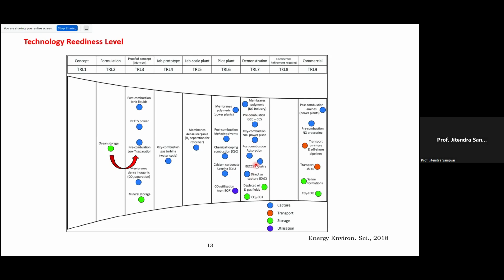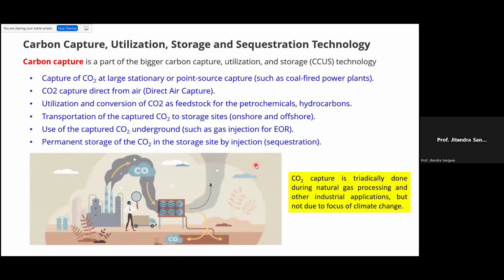Therefore, when we talk about carbon dioxide capture and sequestration, you can capture it directly from the flue gas of a stationary power plant, a stationary point source. You can also do that from the air. Direct air capture is one of the technologies where people are looking at capturing carbon dioxide from the air.